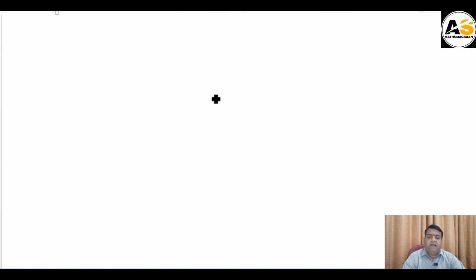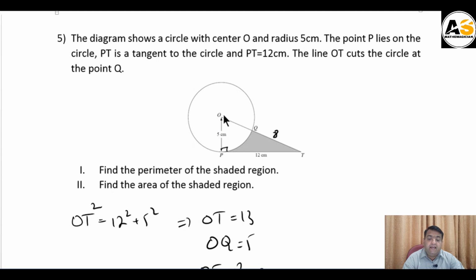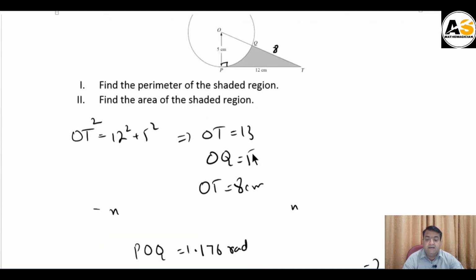Now we calculate area of this shaded region. For that, we will find area of triangle, and area of this sector will be subtracted from this triangle's area to get this shaded area.